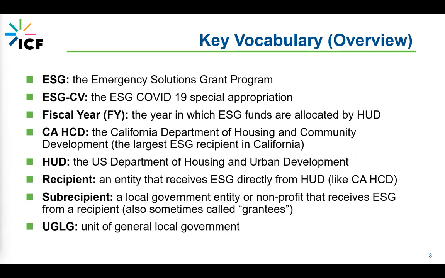HUD is the U.S. Department of Housing and Urban Development. Recipient is an entity that receives ESG funds directly from HUD, like California HCD. Subrecipient is a local government entity or nonprofit that receives ESG from a recipient, also sometimes called a grantee. And then finally, UGLG stands for Unit of Local Government.